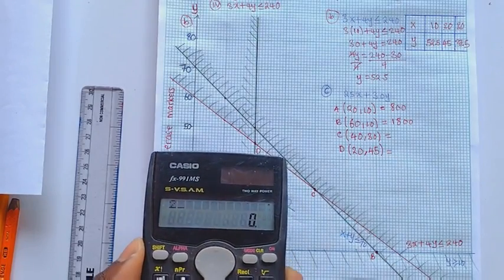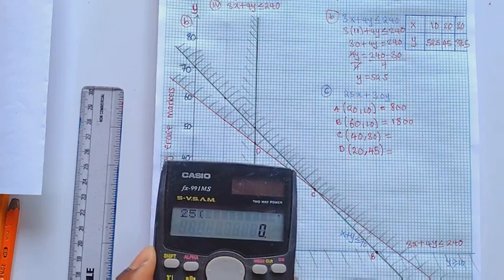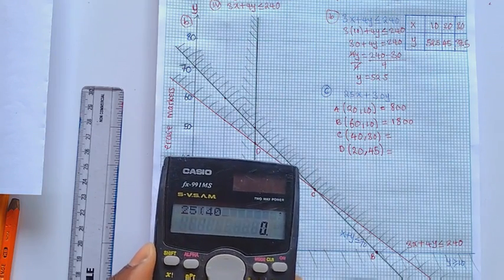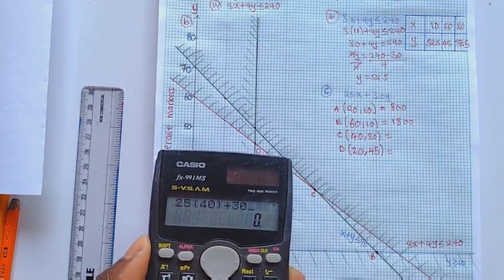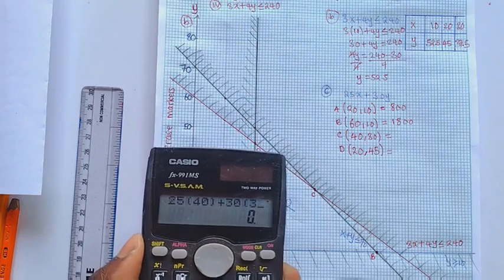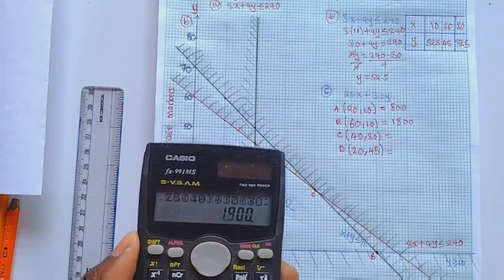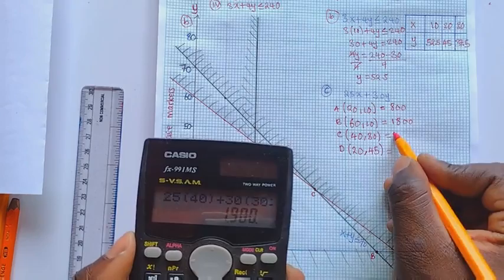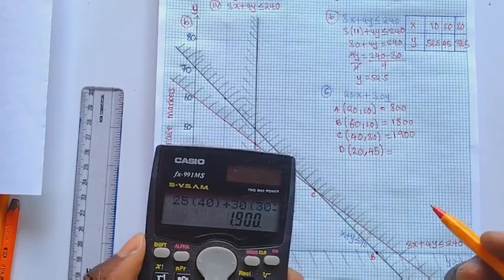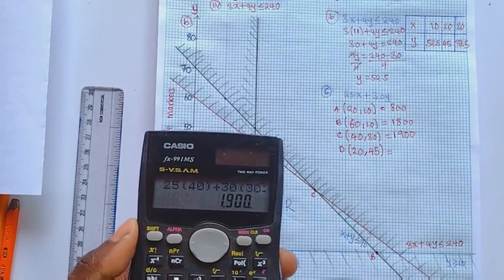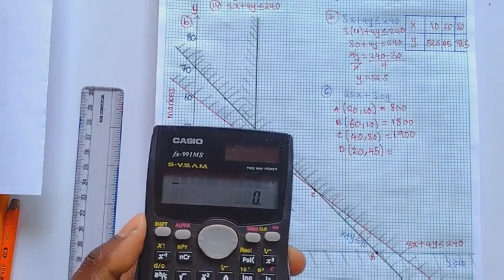So we write 25 open bracket 40 cross plus 30 open bracket 30, we cross. This is giving us 1900. So you need to do this as well, because I may make a mistake as I'm punching the numbers, so you need to confirm.